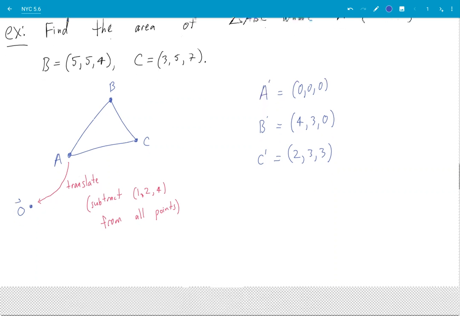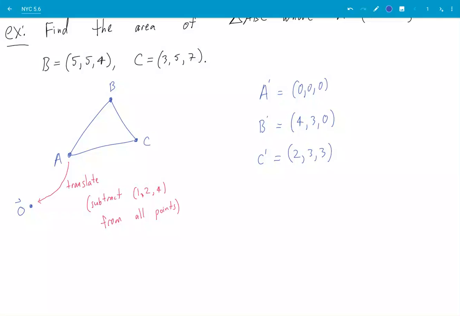Okay. And they are situated in a better constellation because we can use our property.